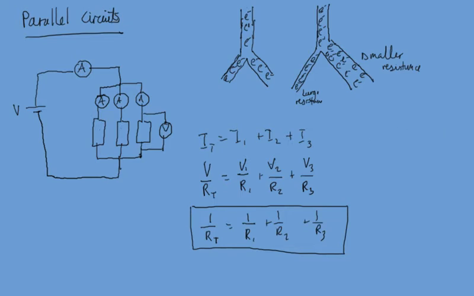So let us do a little problem involving parallel circuits, just to see this in action. We have the following circuit, we'll just draw it. Here's our ammeter, and it branches off like this. We've got a total voltage of 6 volts, and this resistance is 5 kilo ohms, and this resistance is called R2.